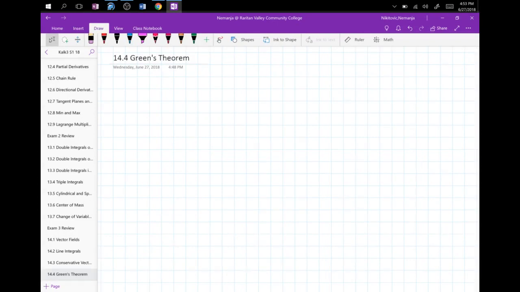So Green's theorem has two flavors. We'll see both of those, and it's going to be applicable only in certain situations. So you need to know that situation and then work in those parameters. So let's immediately write the theorem and then start solving.